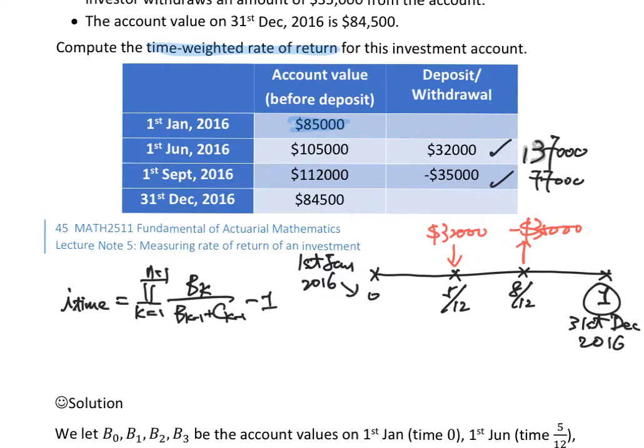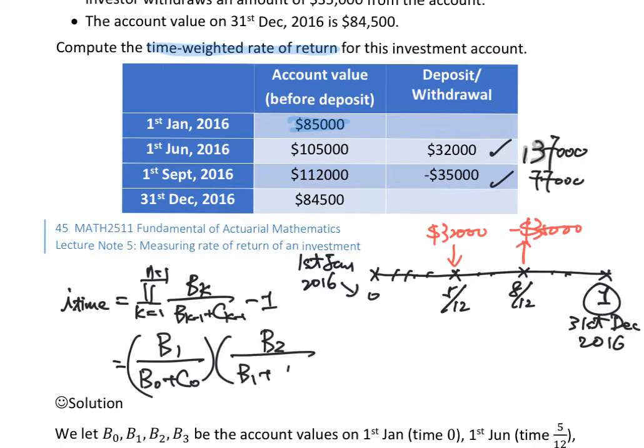Okay, and here, because there are 3 periods, you will have 3 terms altogether, minus 1.